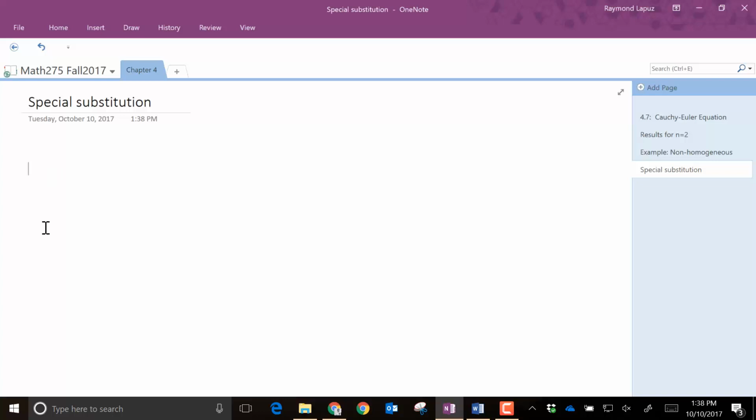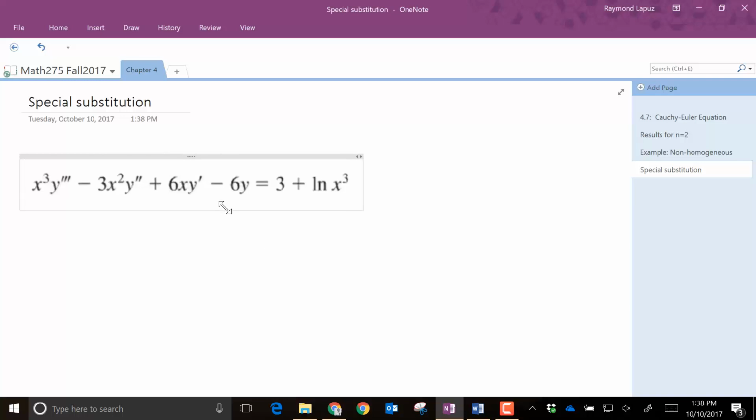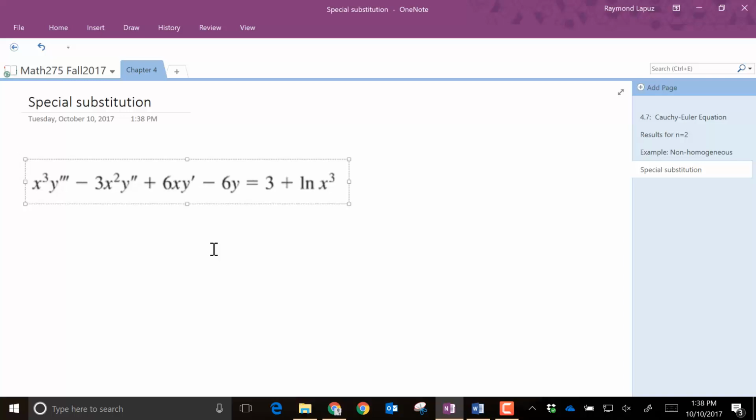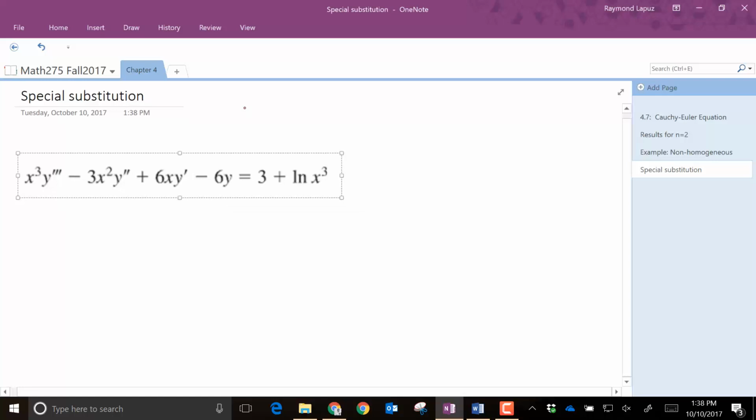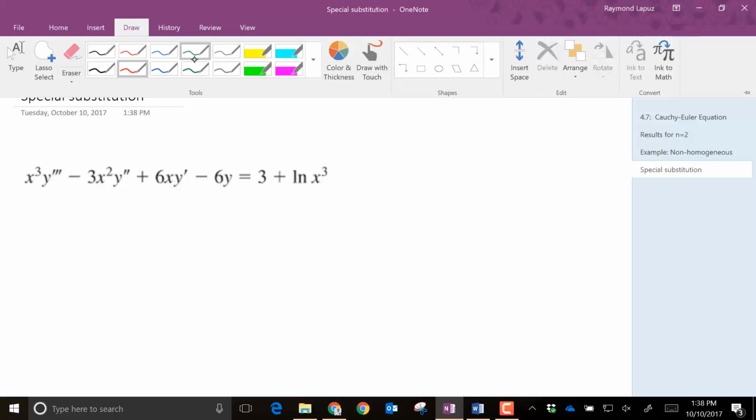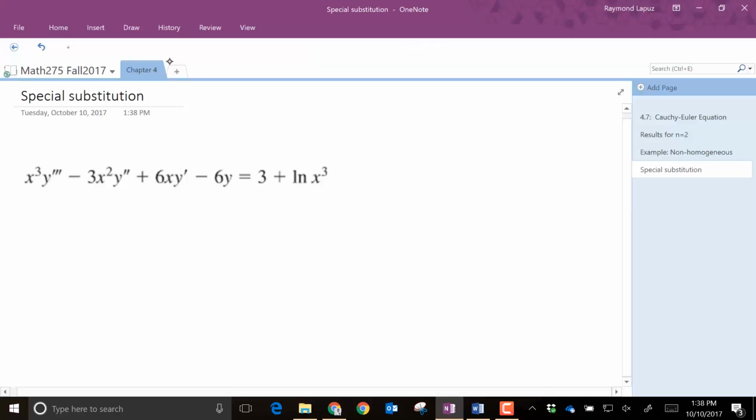So I'm going to put the problem down here, but I'll write some comments. The idea is to do a substitution. Our substitution is going to be, what was it again? e to the t.